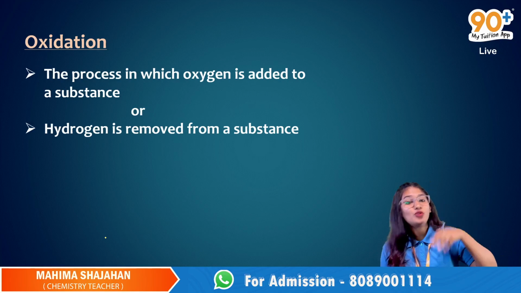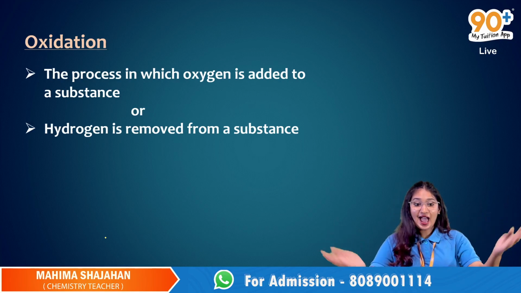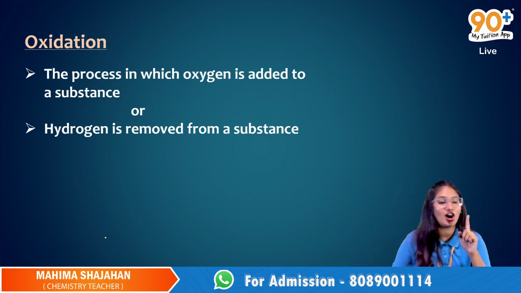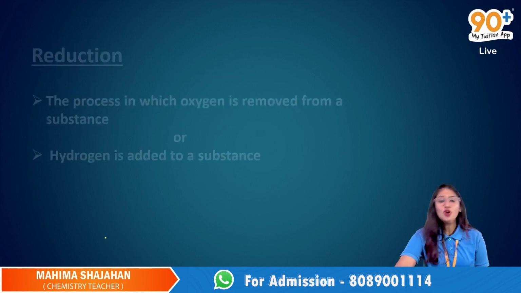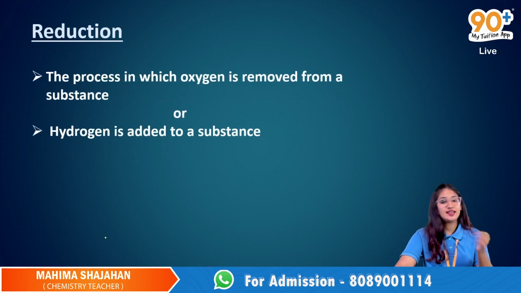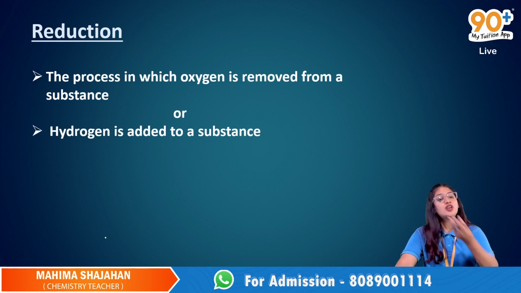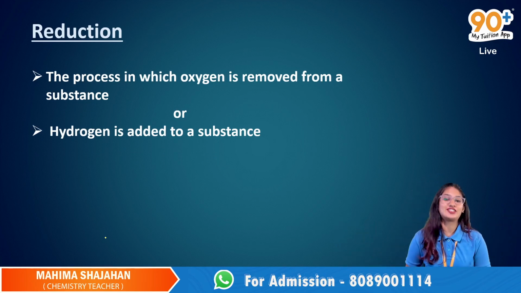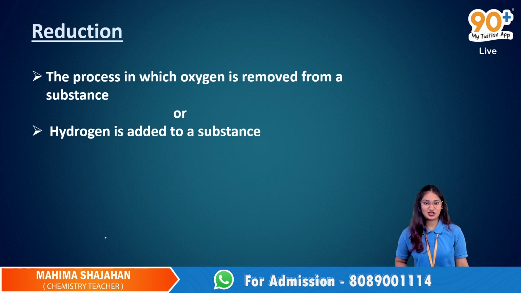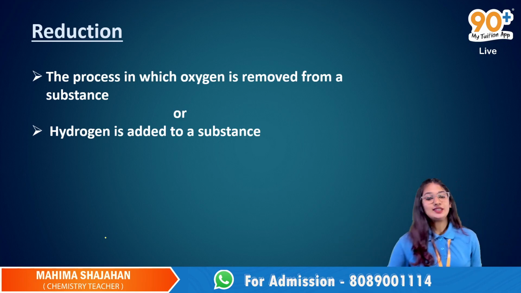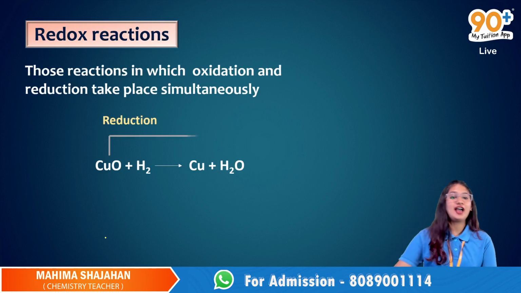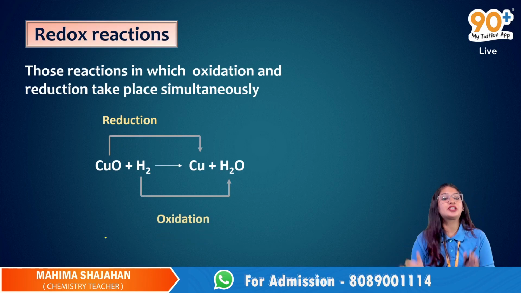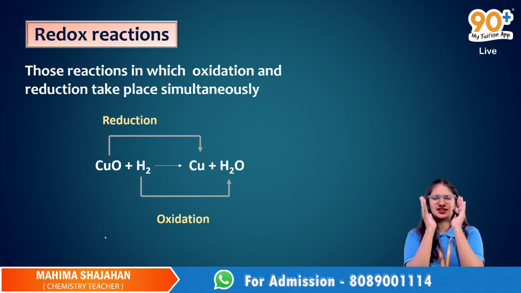Removal of hydrogen or adding of oxygen is said to be oxidation. Now, what will be reduction? The process of removal of oxygen or addition of hydrogen is said to be reduction. So, the type of reaction in which oxidation and reduction take place at the same time.